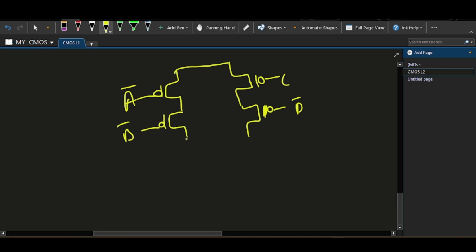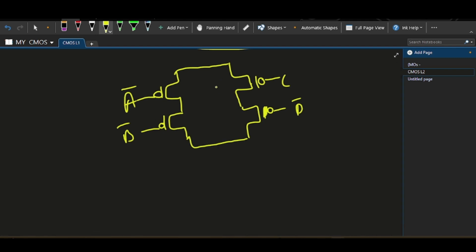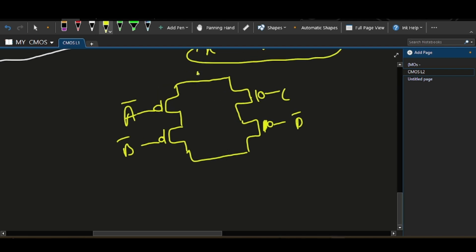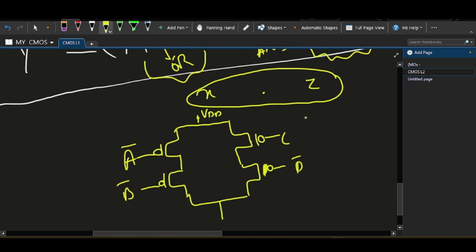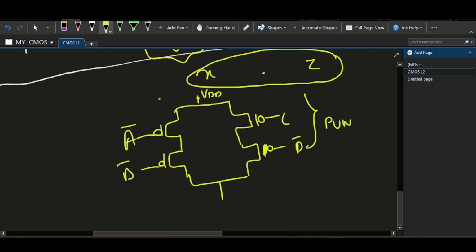In the parallel way. So you see, I'm taking everything from the lookup table, and on the top we can connect it to VDD, and I can leave it like this. So this is basically my pull-up network.